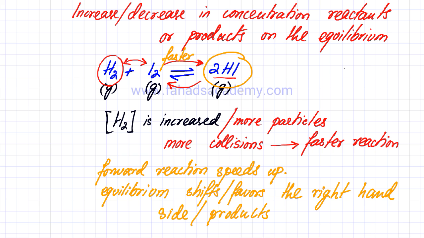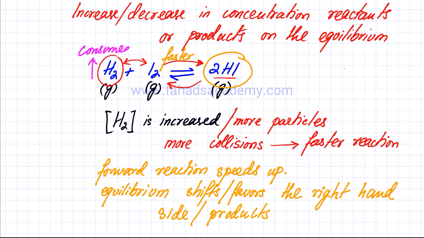And we can now also discuss how this applies to the Le Chatelier principle. The Le Chatelier principle was that the equilibrium basically counters any change that is introduced. So we are increasing the concentration of H2. And since the forward reaction speeds up, there's more HI being formed. So H2 would be consumed at a faster rate.